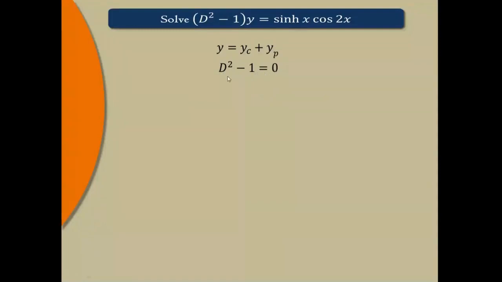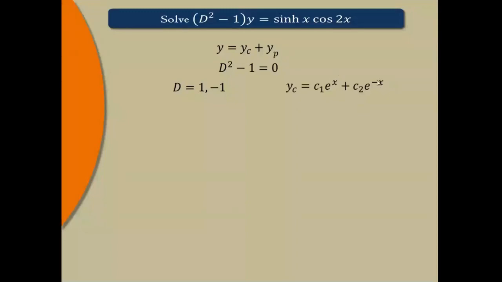D square minus 1 equal to 0 means d square equal to plus 1, and d will be plus or minus square root of 1, and square root of 1 is 1. So d will be plus or minus 1. And what are these roots? These roots are real and distinct. So use the formula for real distinct roots. Yc will be c1 e raised to 1x plus c2 e raised to minus x.